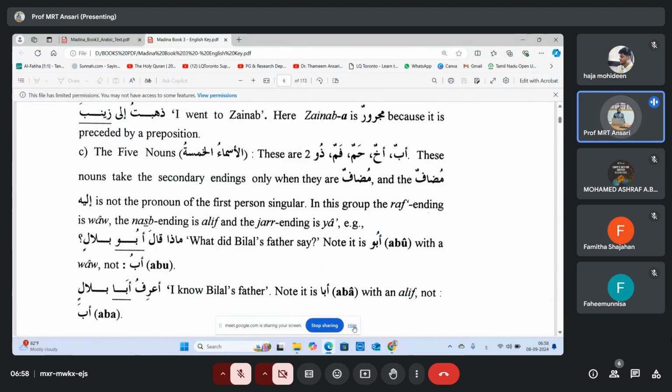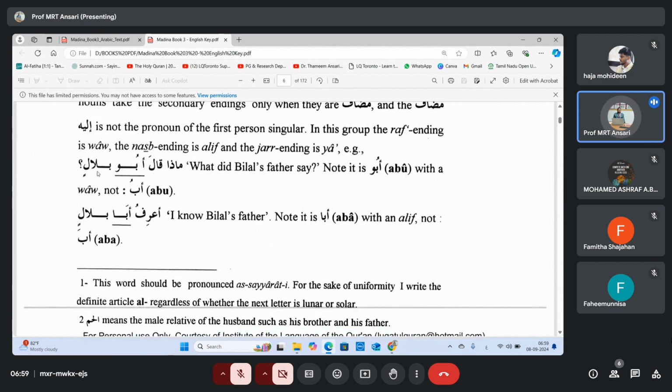So answer to the question 3A, that is Asmal al-Khamsa. The 5 nouns Asmal al-Khamsa, these are Abun, Akhun, Hamun, Famu, Zu. These nouns take the secondary endings only when they are mudaf. The mudaf ilayhi is not the pronoun of the first person singular. In this group, the rafi ending is waw, the nasab ending is alif, and the jar ending is ya.